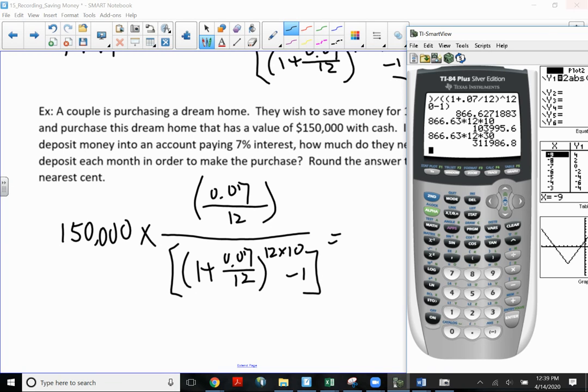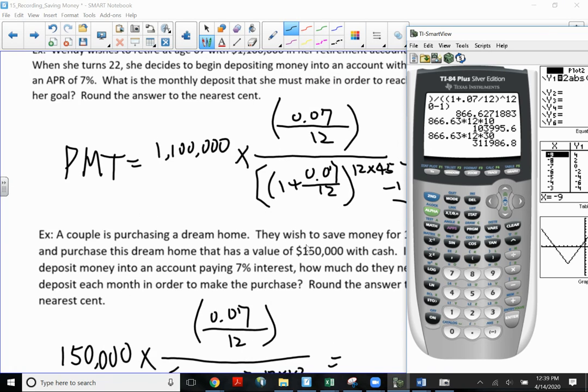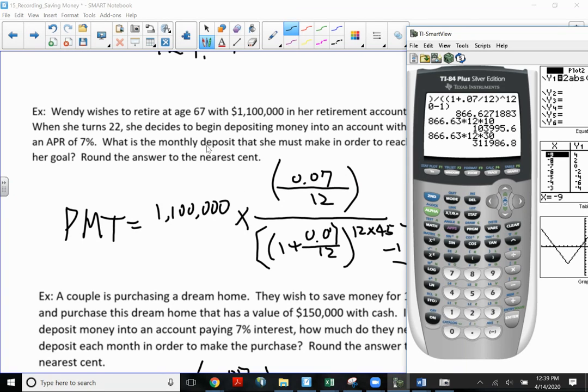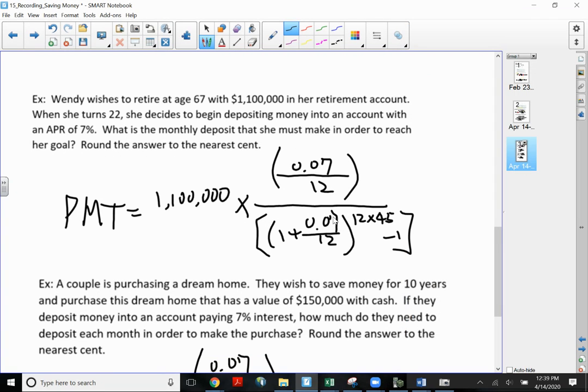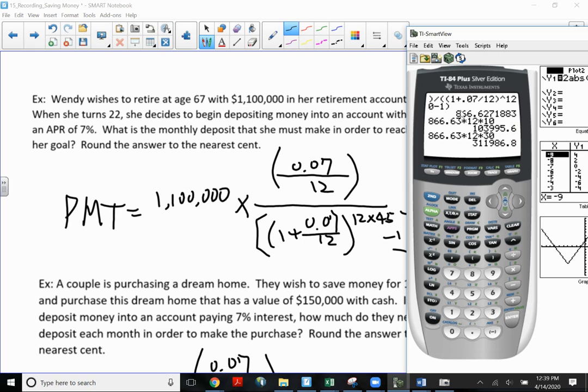So I want to finish up by coming back to the $1 million problem. I remember earlier, her monthly payment was $290.04. So imagine $290 a month, times 12 months in the year, times, I think the problem says 45 years of investment.